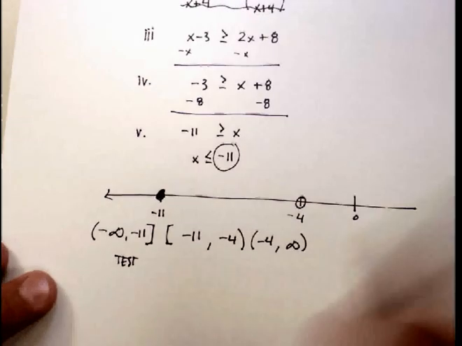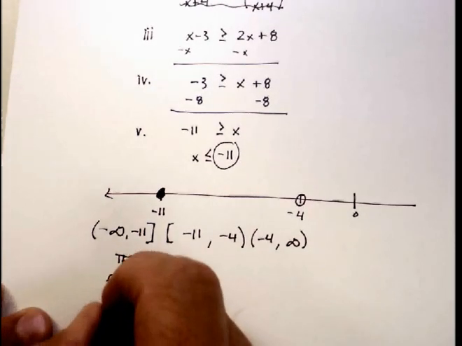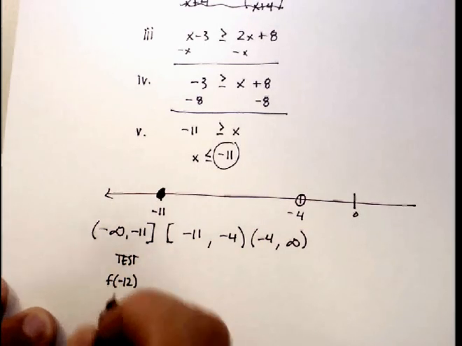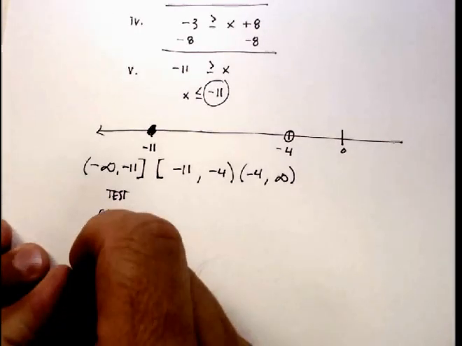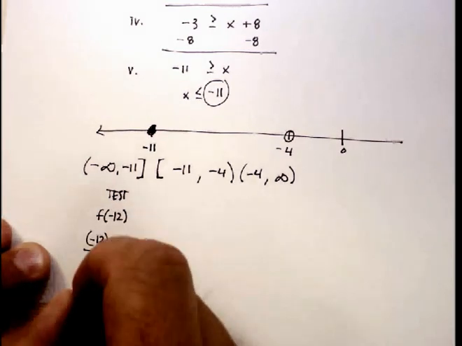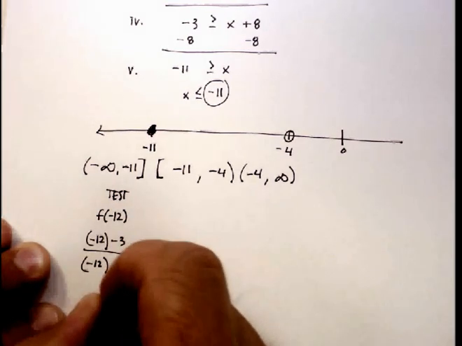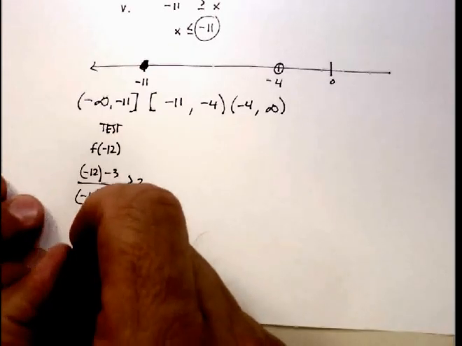Okay. So let's choose a point out of here. How about negative 12? Remember, this is function notation. That means that's the input. So negative 12 goes in for the x: negative 12 minus 3, over negative 12 plus 4, is greater than or equal to 2. Let's see if that works.